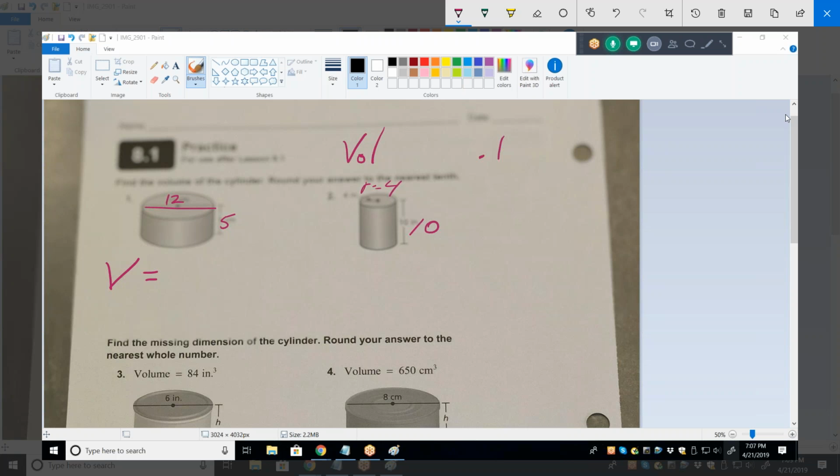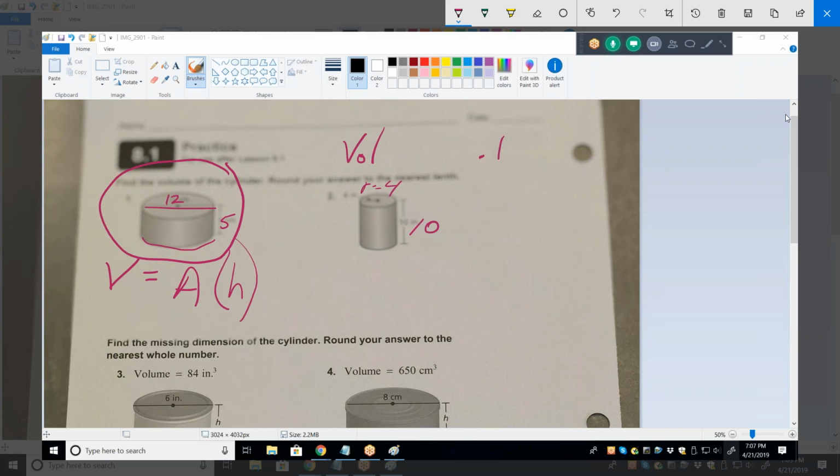In other words, what we're looking at here is a prism. It means it's got the same circle at the bottom as it has at the top, and the height is the same everywhere. So the way you figure out the volume here is it's the area times the height.